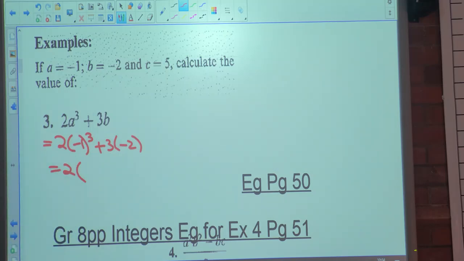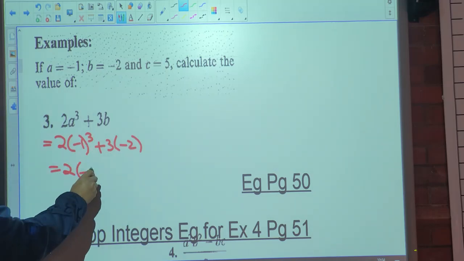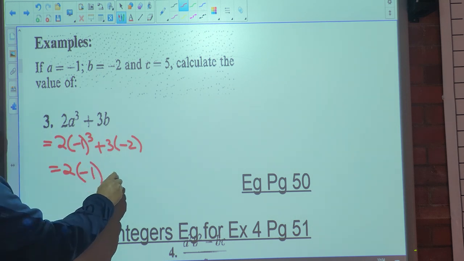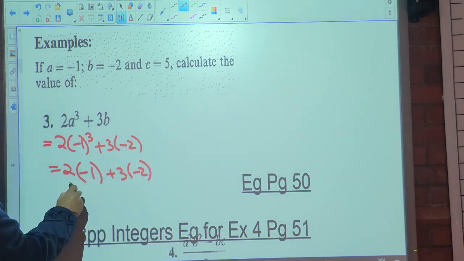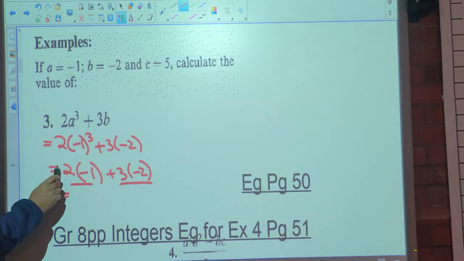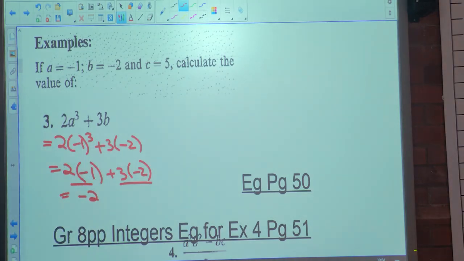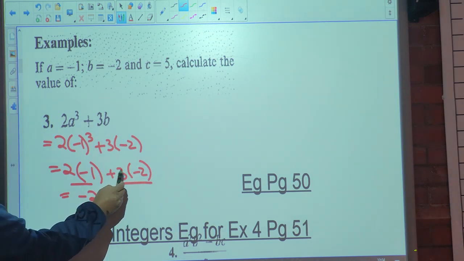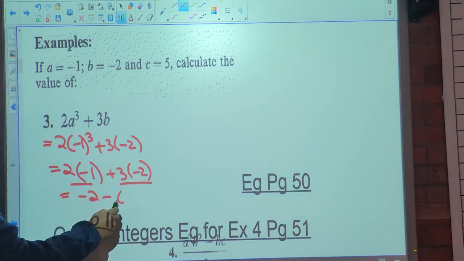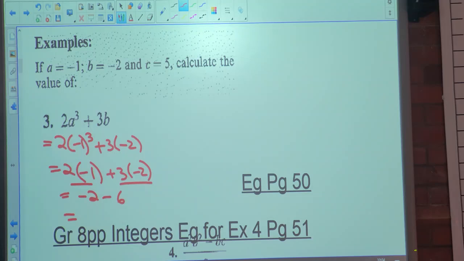Negative. 1 cubed is 1, plus 3 times negative 2. Now I can multiply this up. What's positive times negative, 2 times 1? Negative 2. What's positive times negative, 3 times 2? Negative 6. What's minus 2 minus 6? Negative 8.